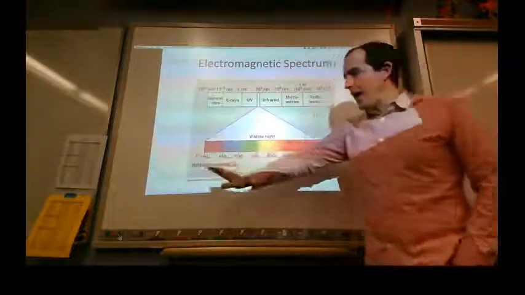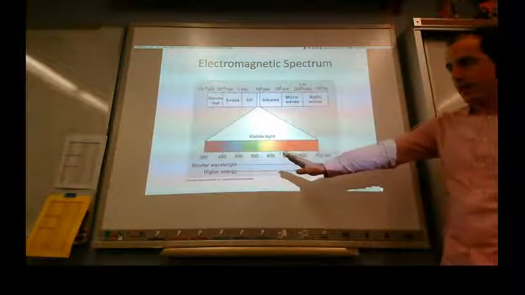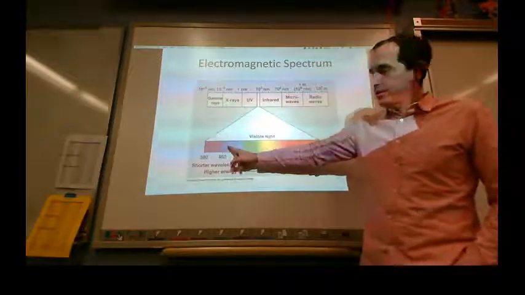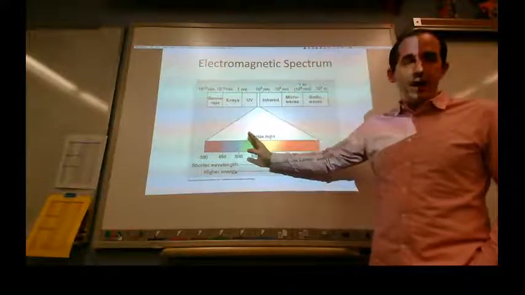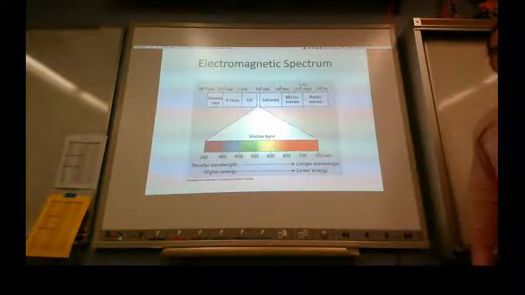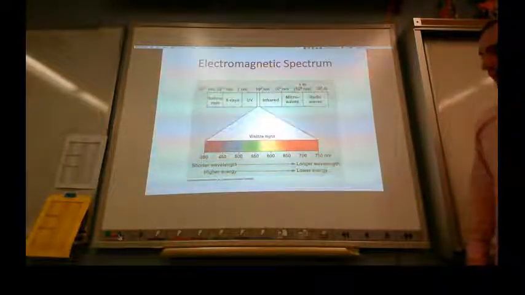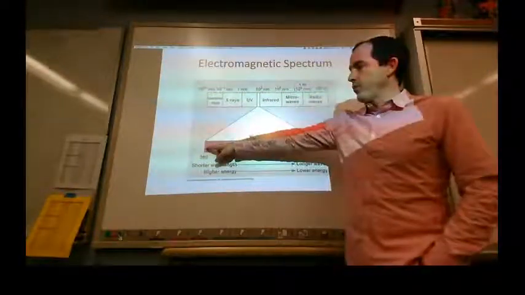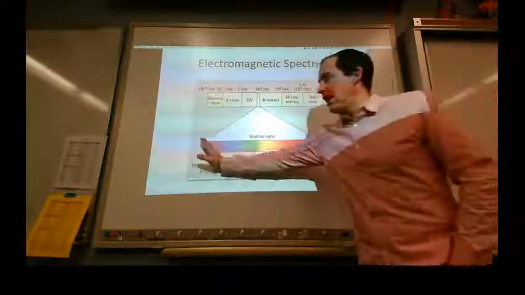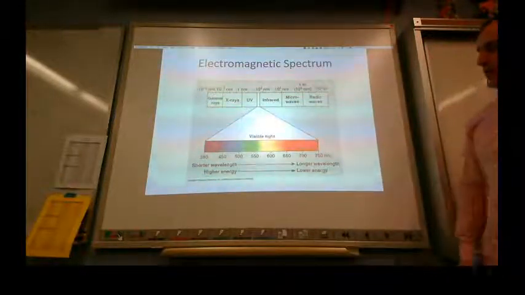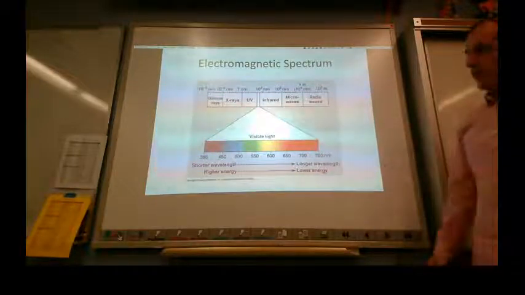So on the lower end of the spectrum, okay, the lower energy portion, we have our purples and our blues. Right smack dab in the middle, we have our greens and our yellows. And then on the higher end of the electromagnetic spectrum, okay, so I'm sorry, longer wavelength, lower energy, shorter wavelength, higher energy. So we have our higher energy colors on this side, we have our lower energy colors on this side, but up there we have our reds.